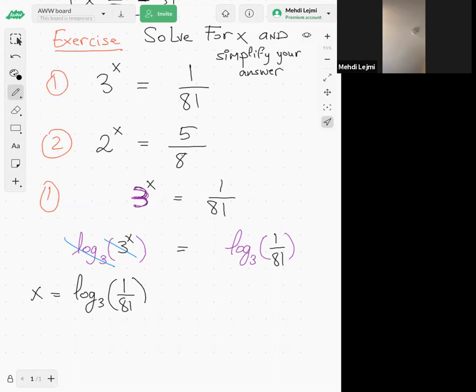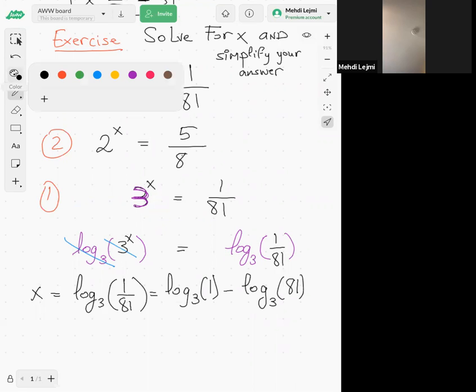But as I said, you have to simplify your answer. It's 1 over 81, so it's a fraction, so that will be the difference between the logs: log of 1 in base 3 minus log of 81 in base 3, right? And then log of 1 is always 0. So x would be minus log in base 3 of 81.